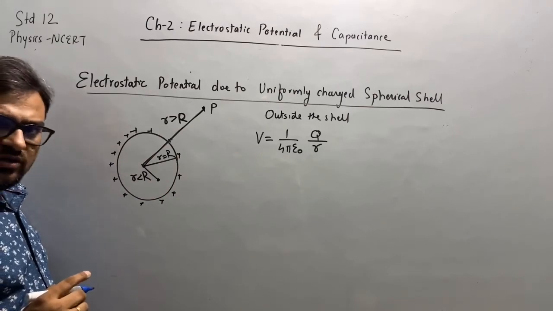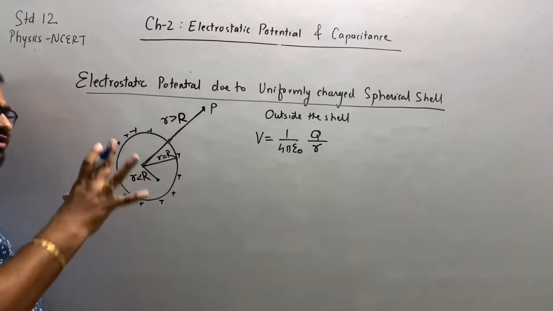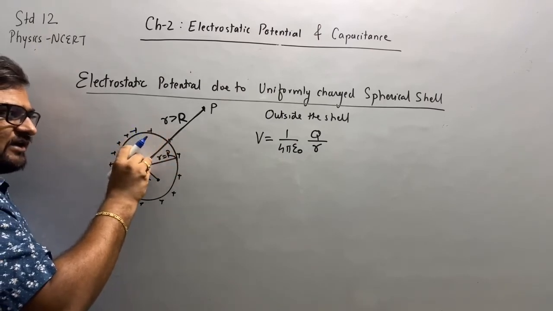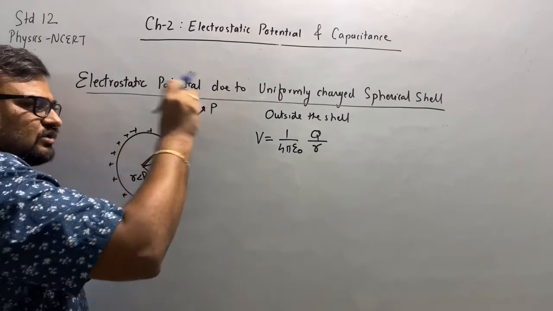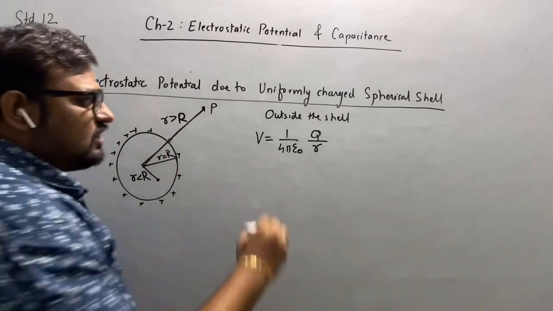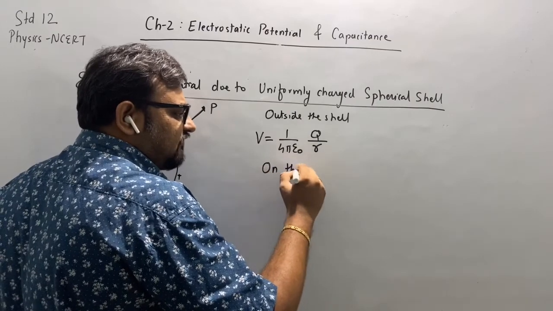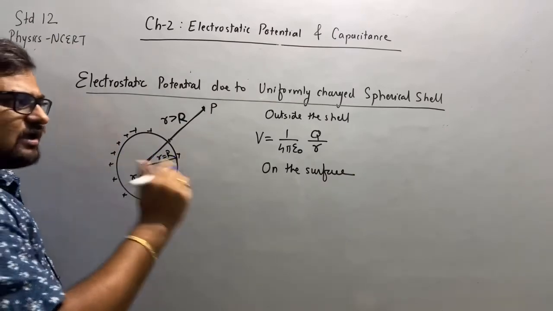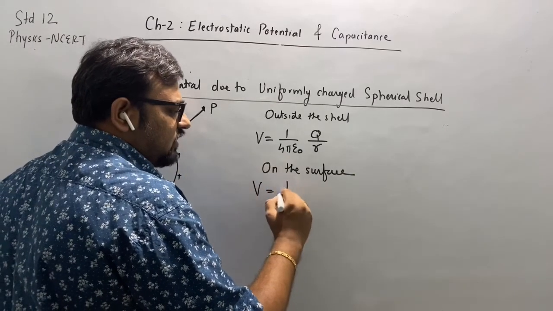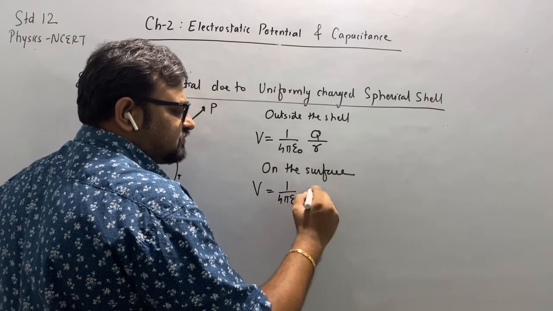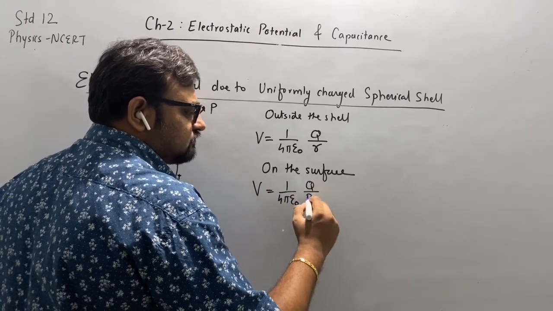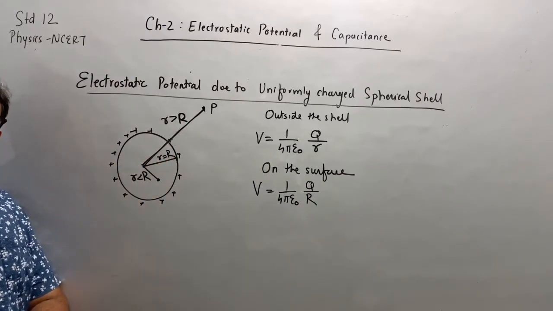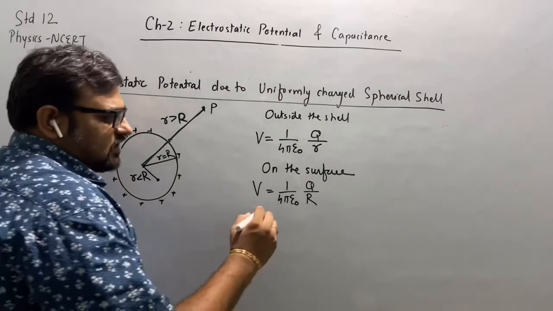This means that it is assumed that all the charges are concentrated at the center and the distance is calculated from the center to that point. Now, second is on the surface. On the surface, r is equal to R. So V will be equal to 1 by 4 pi epsilon 0 Q by R, where R is equal to the radius of the spherical shell. The third one is inside the shell.